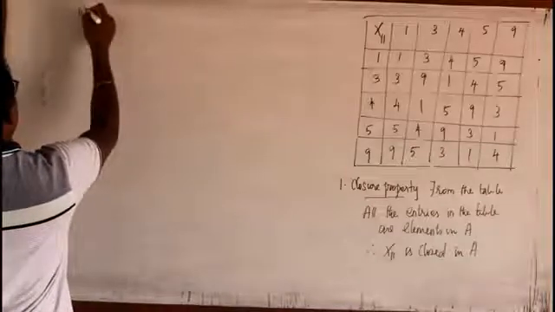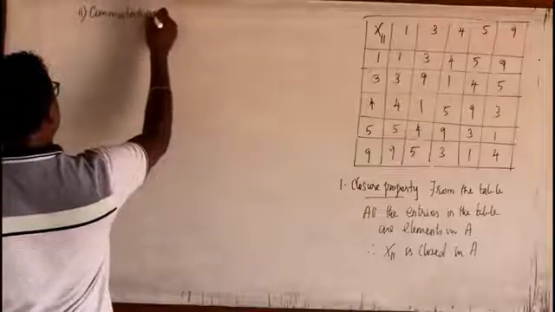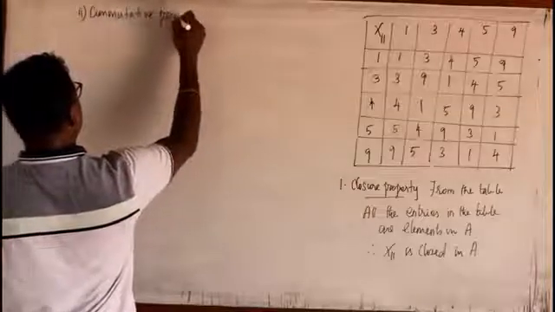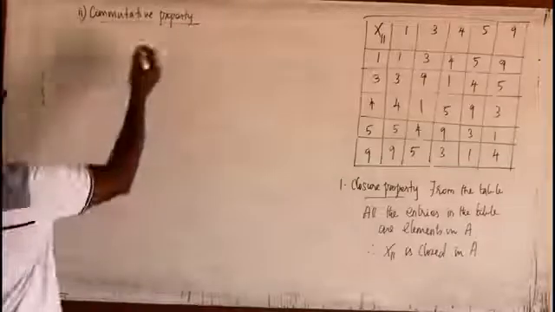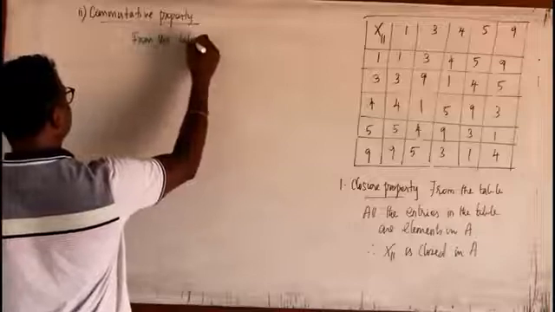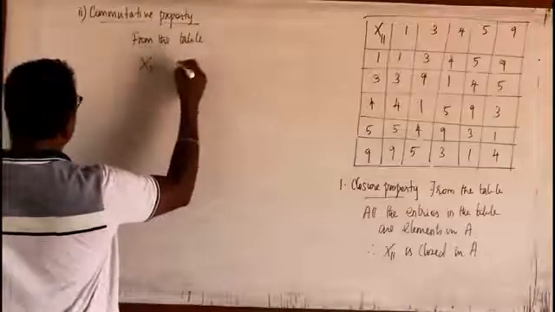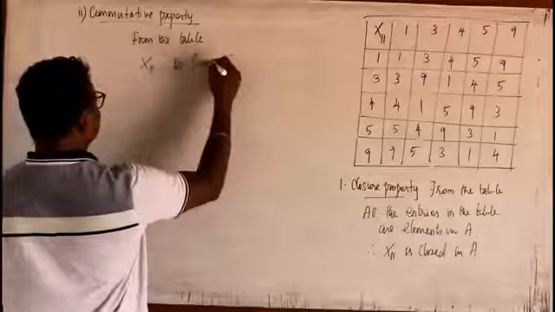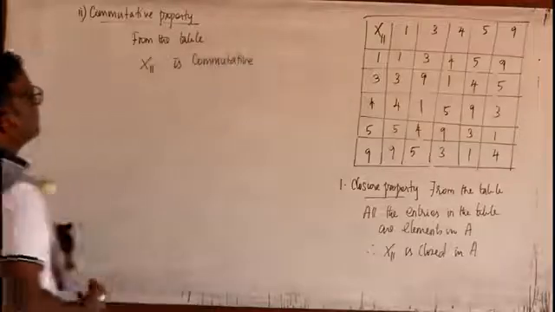Second one, commutative property. We know multiplication always obeys the commutative property. So I can say from the table, multiplication modulo 11 is commutative. No need for any verification. It is understood.